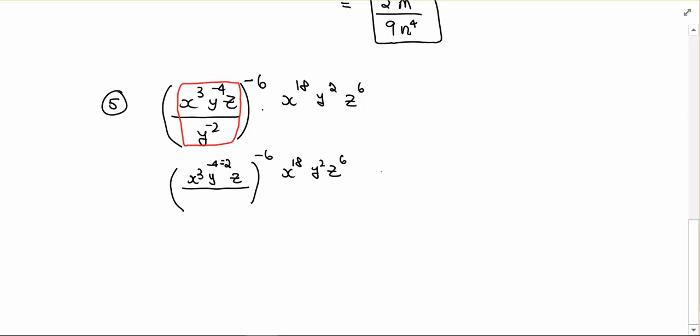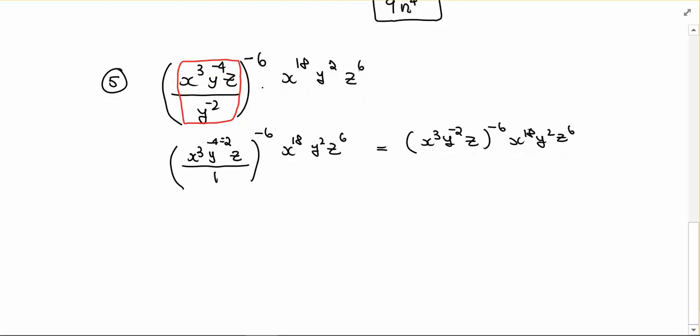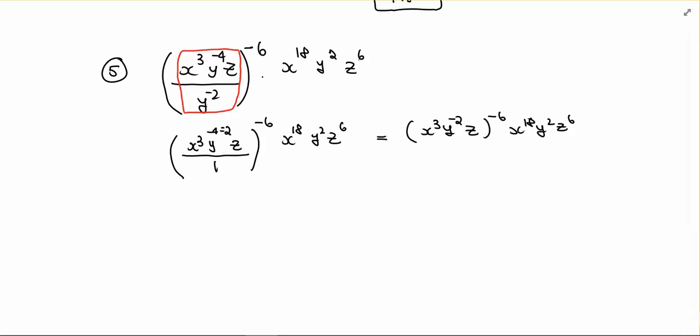So then this becomes, inside the parentheses, x to the 3. So that's a positive 2, so that's negative 2 altogether. z to the negative 6, x to the 18, y to the 2, z to the 6. Okay, groups done. Now let's deal with this exponent here, this one right there.